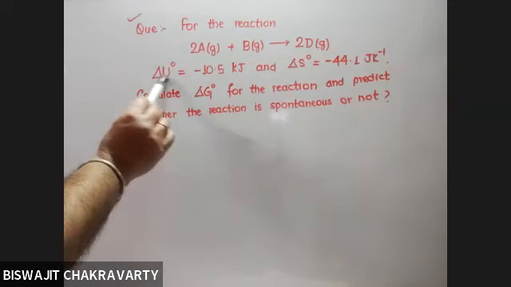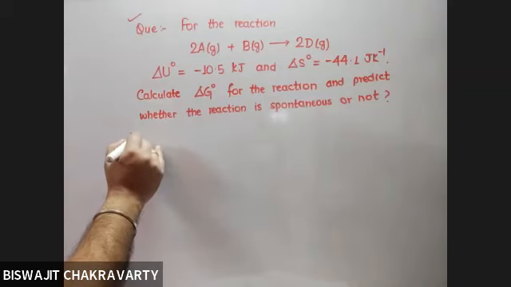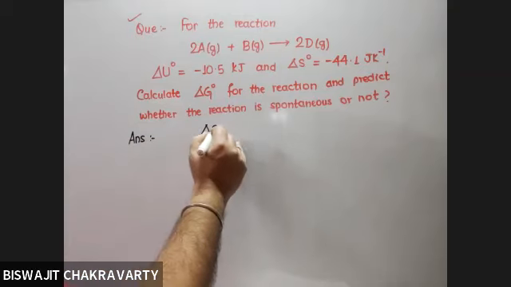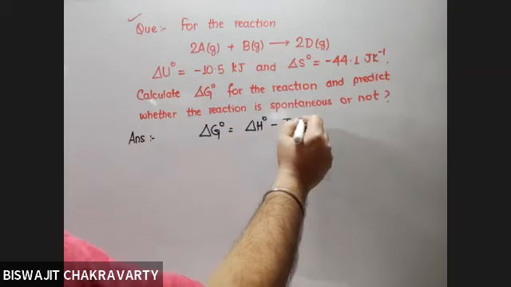Is delta U degree required or something else is required? What is the equation for delta G degree? Delta G degree is equal to what? Is it not delta H degree minus T delta S degree?